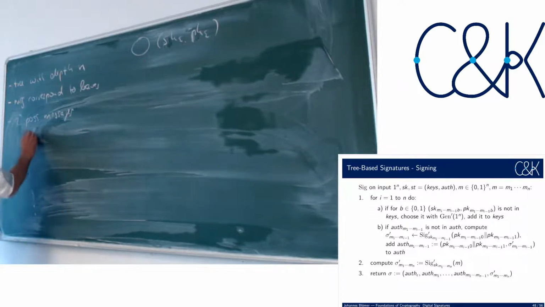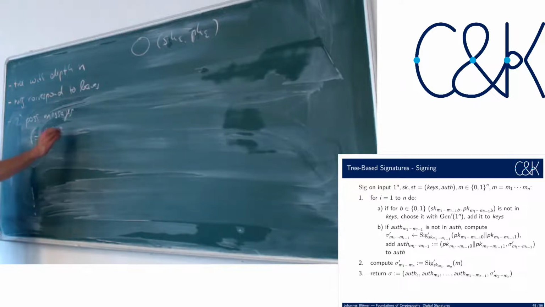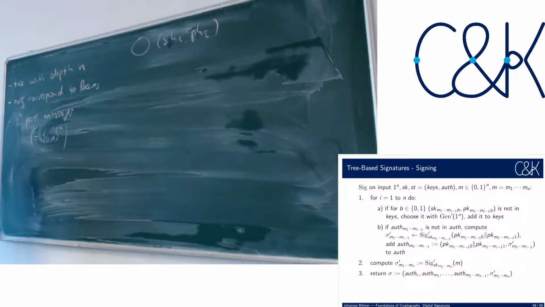Sometimes it's easiest to imagine that the message space is 0, 1 to the n, but I will tell you that this is not necessarily the case. We can easily adapt it. So we can sign all messages from 0, 1 to the n.